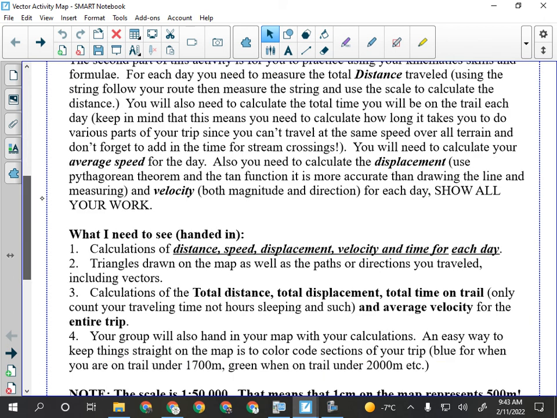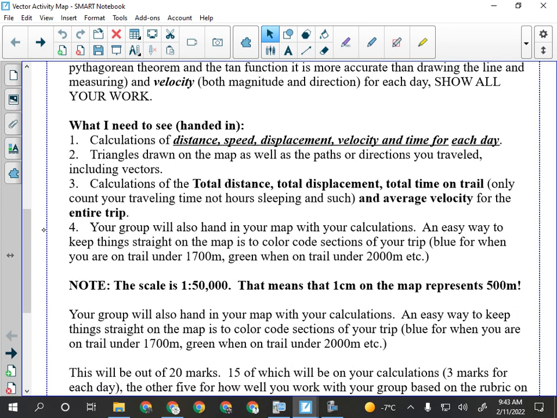So what I need to see handed in from you guys is, as I said, calculations of distance, speed, displacement, velocity, and time for each day, triangles drawn on the map, as well as the paths or directions you traveled, including vectors. If there is a place where people lose marks, it is right here. I mean, the name of the whole activity is vector activity, and yet I get people who hand in their assignment and they don't have vectors on their velocity, or they don't have vectors on their displacement.